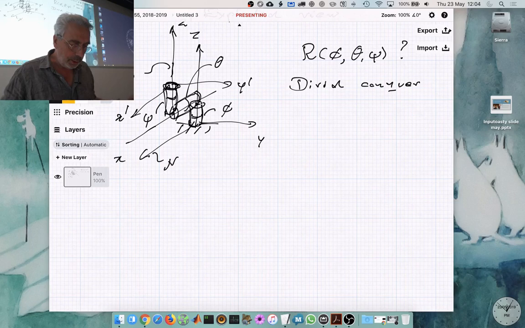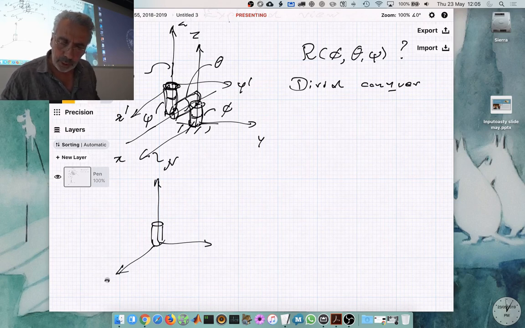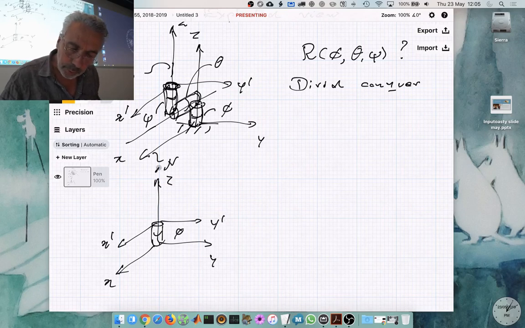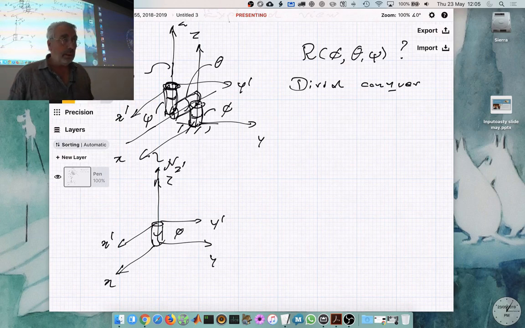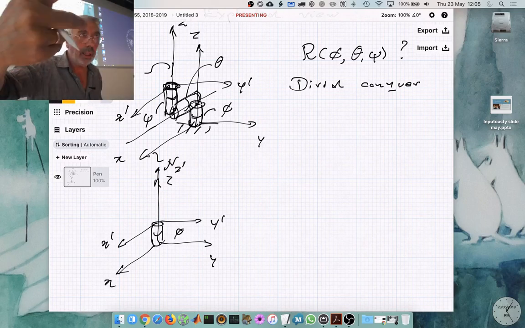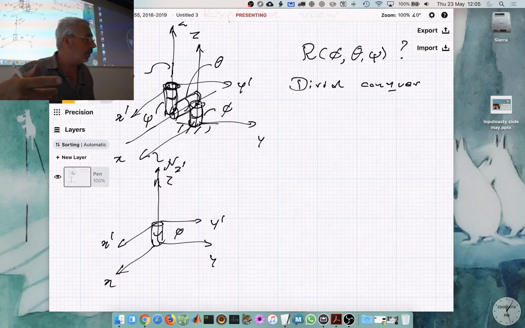So the first one we have to look at is, if we have just a rotation about the z-axis, so these x, y and z, we have this angle phi, and attached to that is this other coordinate system, x prime, y prime, and z prime. And then we want to know what is the step from one to the other. Now I want to reserve primes for the last one, so I'm going to cheat a little bit and think ahead, like Napoleon did with his divide and conquer.